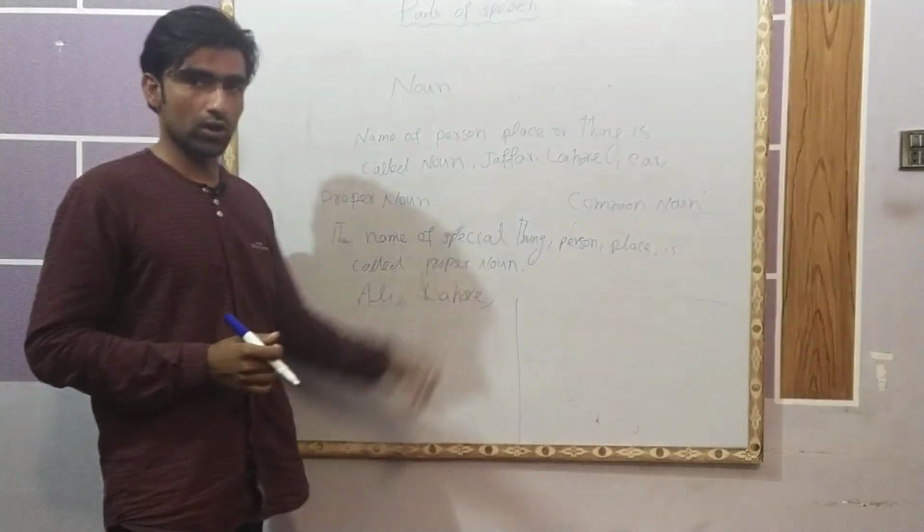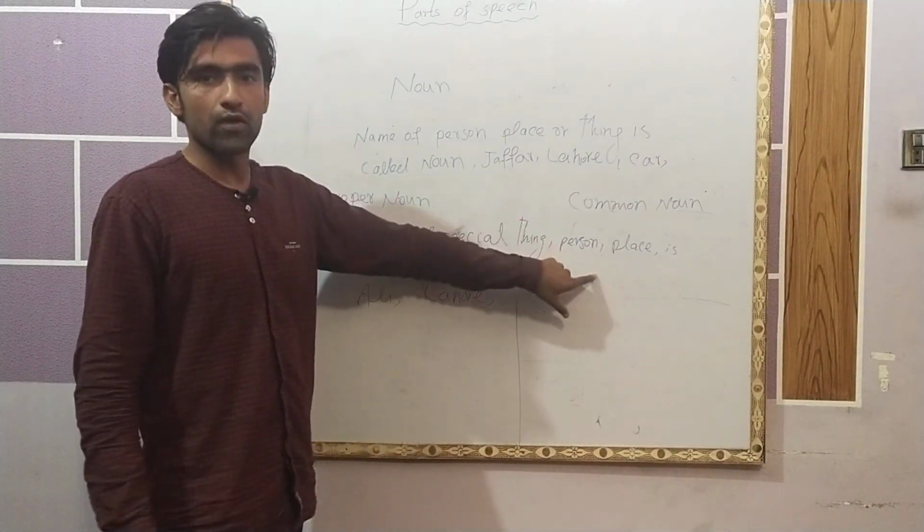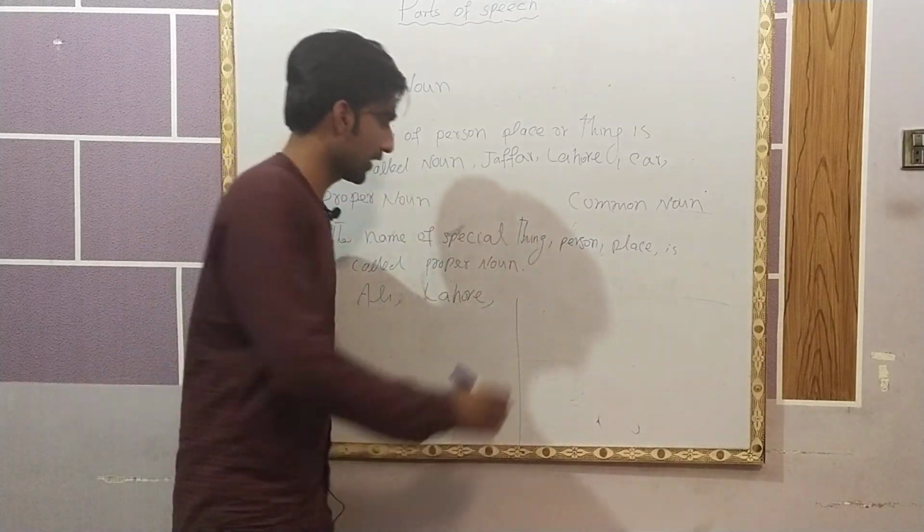Now let's come to the common noun. Common noun is the same, a little bit different. The name of a common person, place or thing is called a common noun.